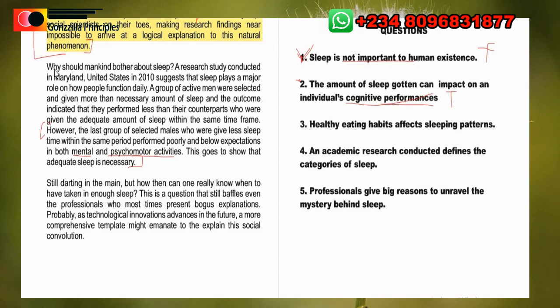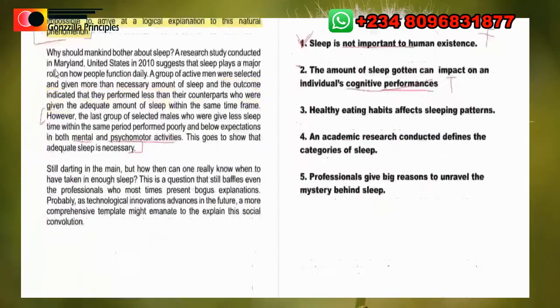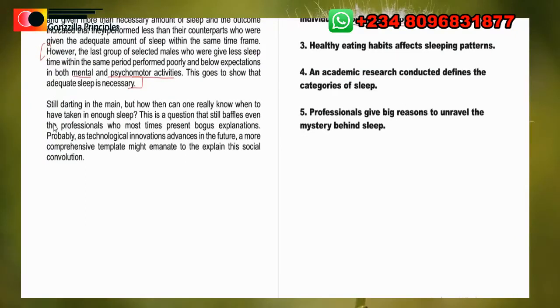Okay? So moving on to my third paragraph, as the case might be, stating the main, but how then can one really know when to have taken in enough sleep?